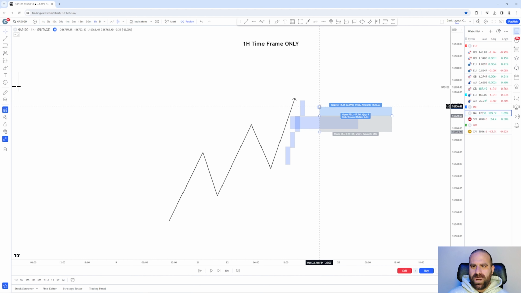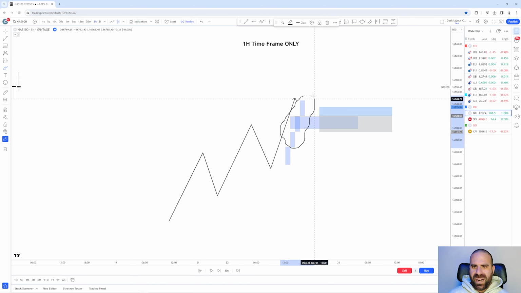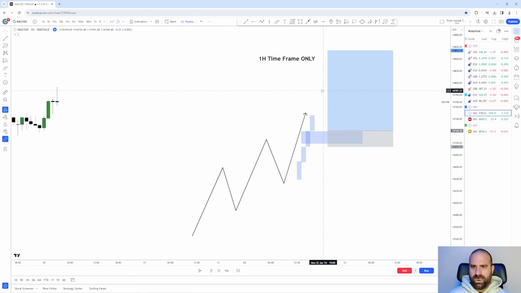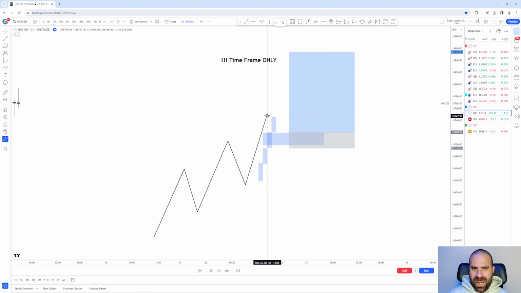So this fair value gap right here has been created by those 3 candlesticks. You will be going ahead and you will be placing the stop loss below the low of this candlestick, okay? Now, regarding targets, you will be aiming for a 5-to-1 reward to risk. If price comes back and activates you here and gives you the 5-to-1, this is absolutely fine.